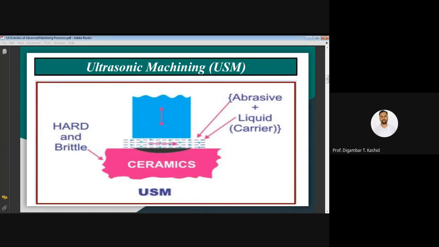In that, I explained that some processes are applicable only to electrically conductive materials, while some processes are used for electrically conductive as well as non-conductive materials. Now, whatever I have explained, ultrasonic machining and abrasive machining, these processes are applicable for both electrically conductive and non-conductive materials. Please remember this point also.